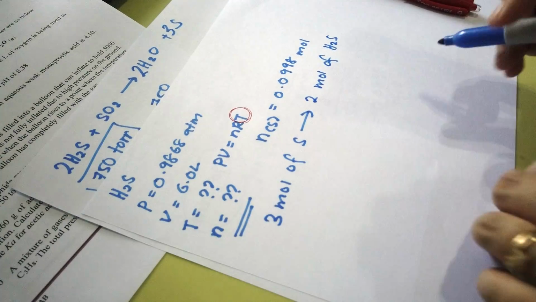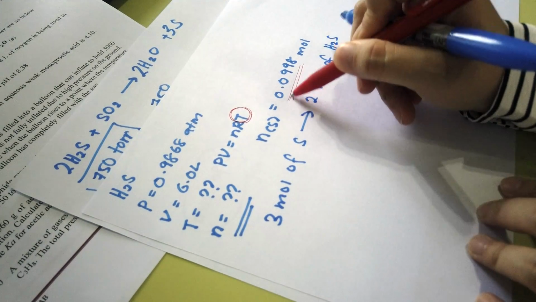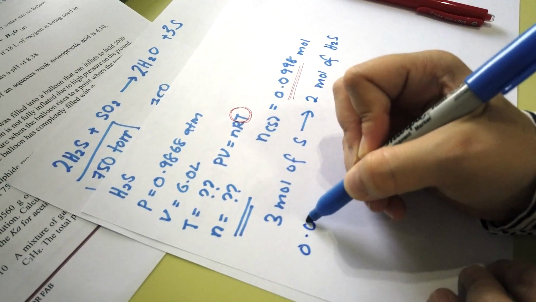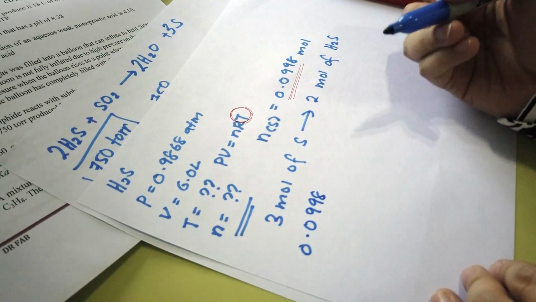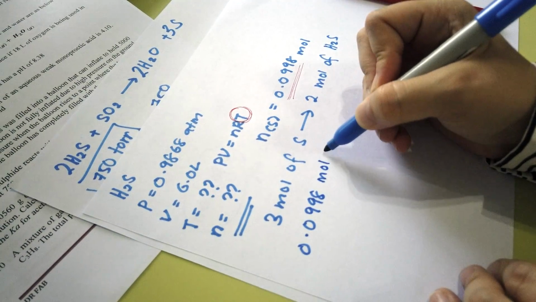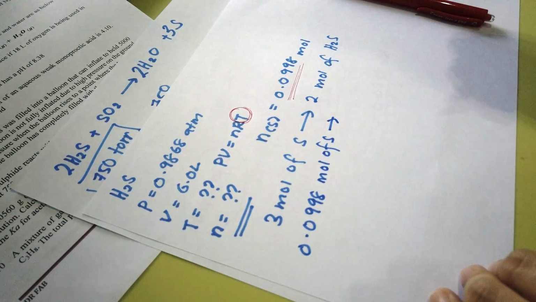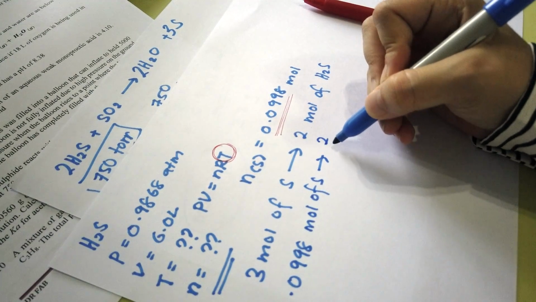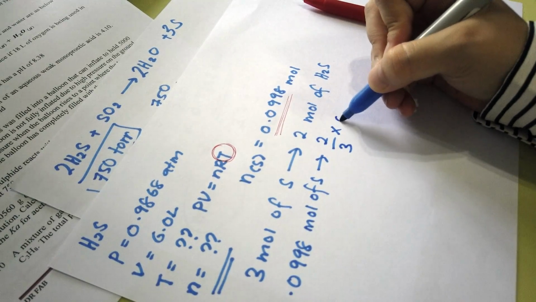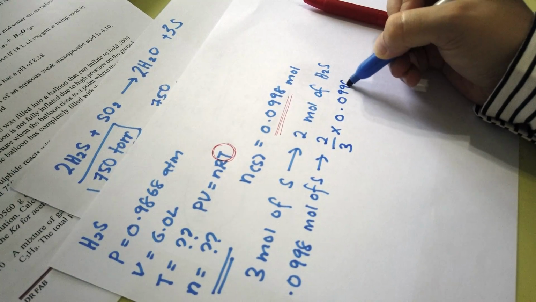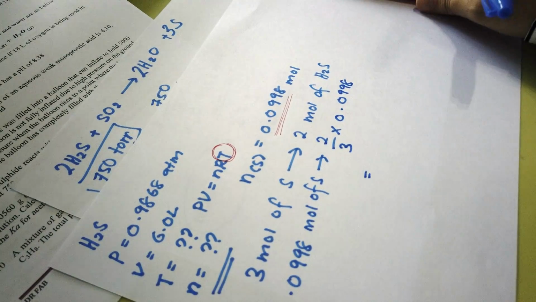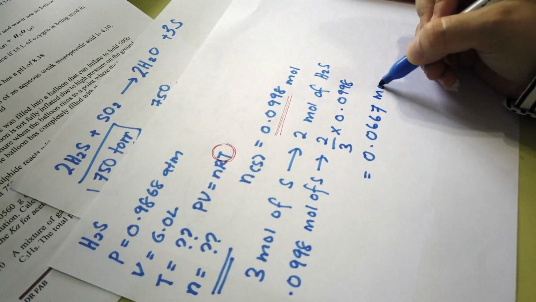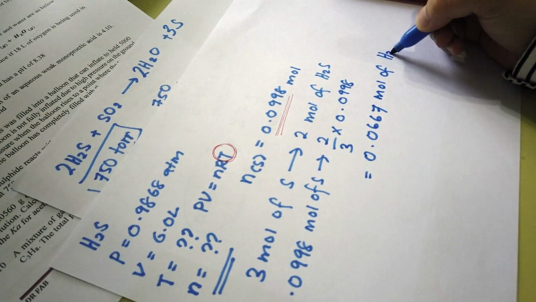So now, since we have 0.0998 mole of sulfur, we can easily calculate the number of mole for H2S, which is 2 divided by 3 times 0.0998, which you will get around 0.0667 mole of H2S.